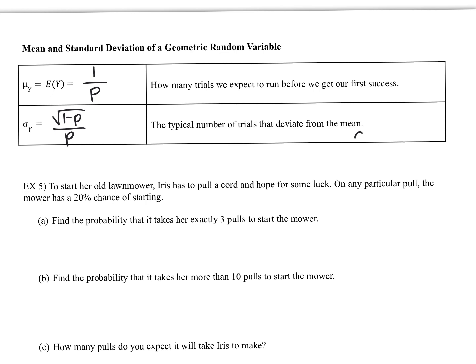Again, if I let q be the failure, I can also think of it as the square root of q over p. So that's the typical number of trials that deviate from the mean. Also, a lot easier formulas than the typical mean and standard deviation.